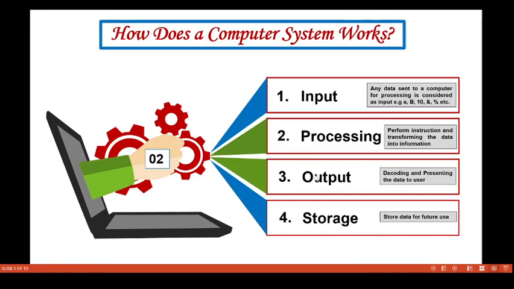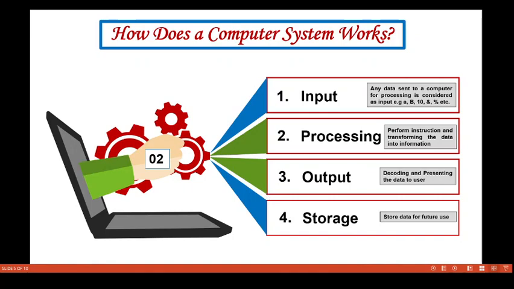Even before outputting the data, in storage there are 2 things happening, because we have volatile and non-volatile memory, which is temporary and permanent memory. Once you input data, your data will be stored in the temporary memory. Once you save your data, it will go to the permanent memory, that is the hard disk, the ROM.